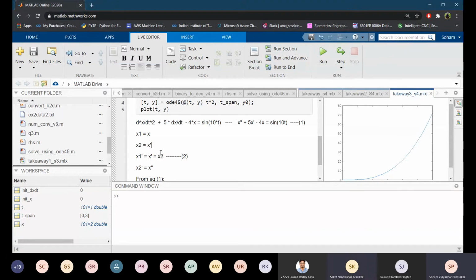Imagine you're solving one complicated equation by converting it into a couple of simple equations. Since it is accepting two differential equations, it needs to know what the variable in the first equation is and what the variable in the second one is.